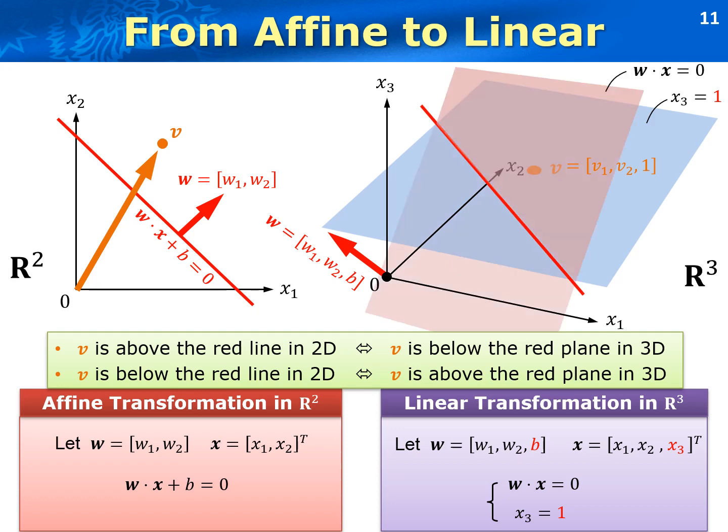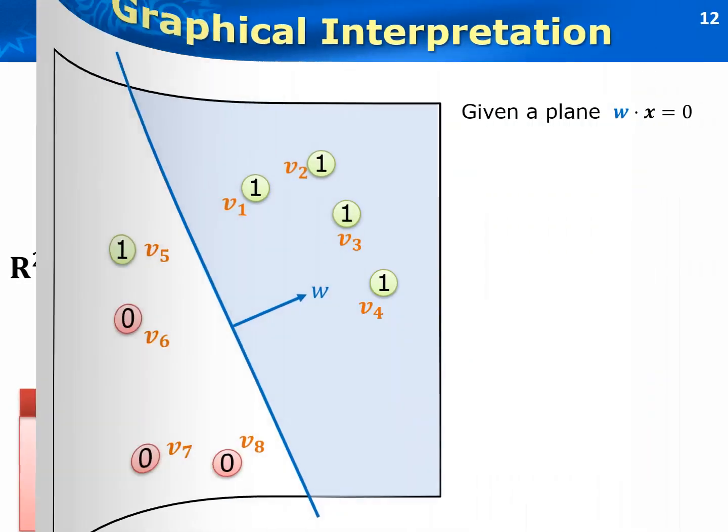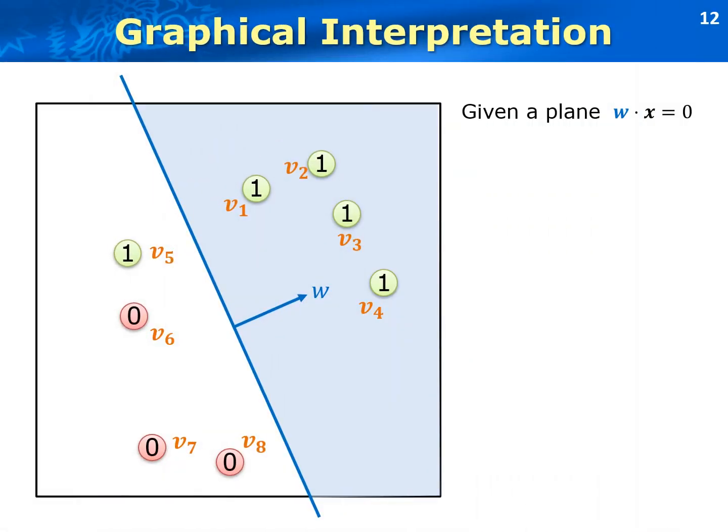When using the red plane in 3 dimension as a classifier, we can use the angle between its norm vector W and the data point V to determine if V is above the line. Based on the above discussion, we can use the expression W times x equals 0 to represent a plane. Here, the vector W may contain both weights and bias value.